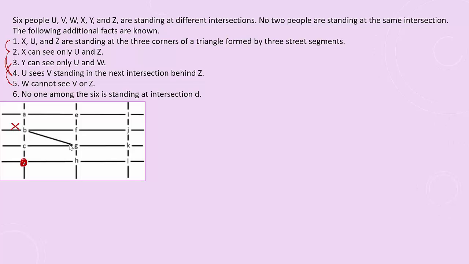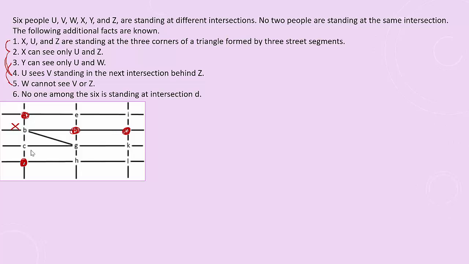Now according to this, if X is available here, X can see only U and Z, right? That means nobody is here, nobody is here, nobody is at this point, right? So there is no one at these points. According to this, no one is at these points, right?